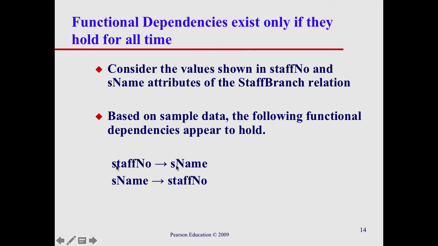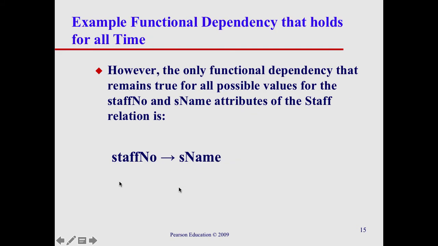And why is that? Because they assign unique staff numbers. That's the point of a staff number. That's the point of a student ID. That's the point of a social security number. It uniquely identifies you. It holds for all time. Whereas the reverse, the staff name determining the staff number, is not holding for all time. So you just have to be careful you don't fall into that trap.